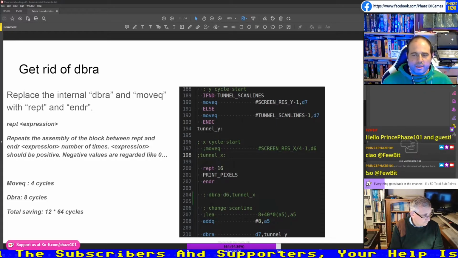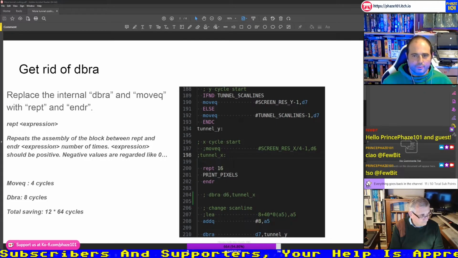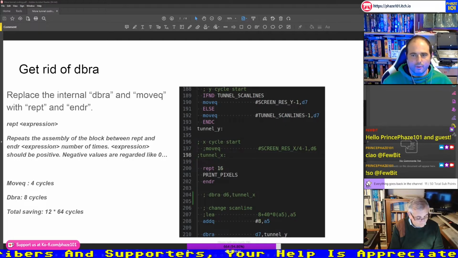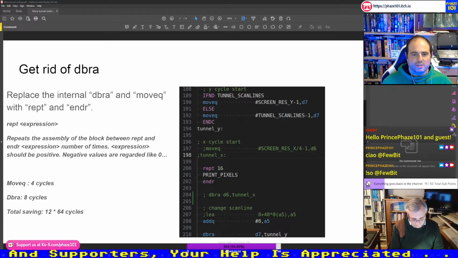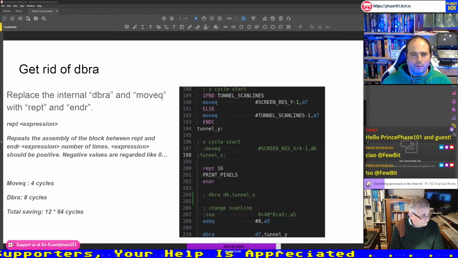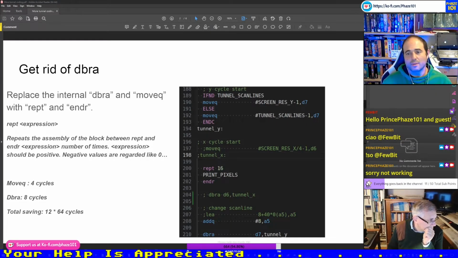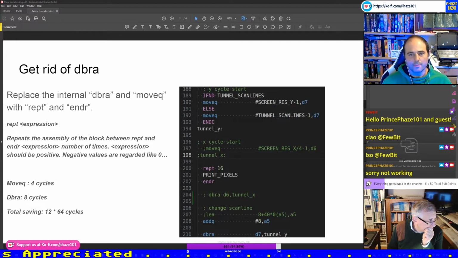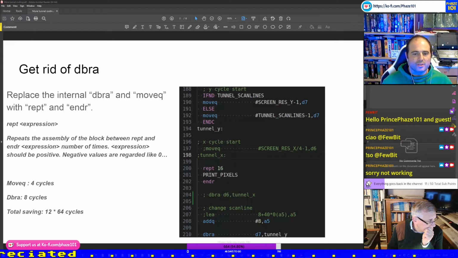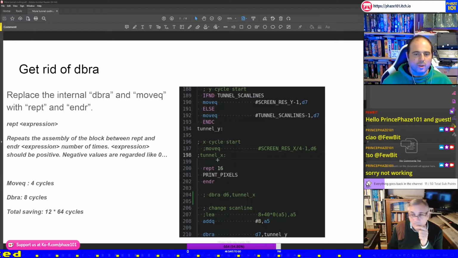And on the image on the right on my PDF, there are just a few instructions, but this is really where all the time is taken. So we have this cycle because the last instruction is a DBRA D7 tunnel Y, and this is just an iteration.